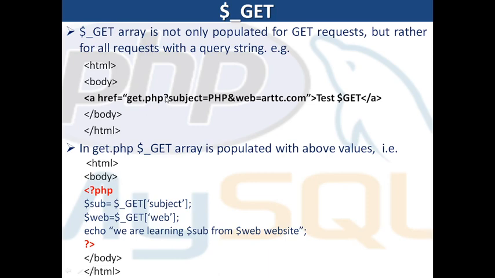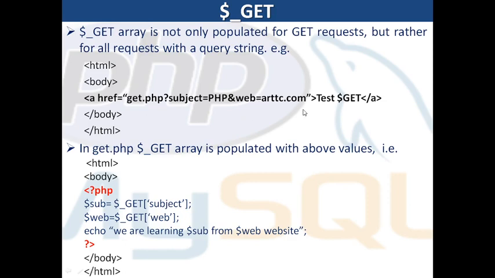This question mark is actually a sign of query string. From this point, query string is started, and the first variable we are passing is subject. Its value is PHP, and then if we want to pass another variable, then add with ampersand mark, and then another variable web, and then its value is arttc.com.